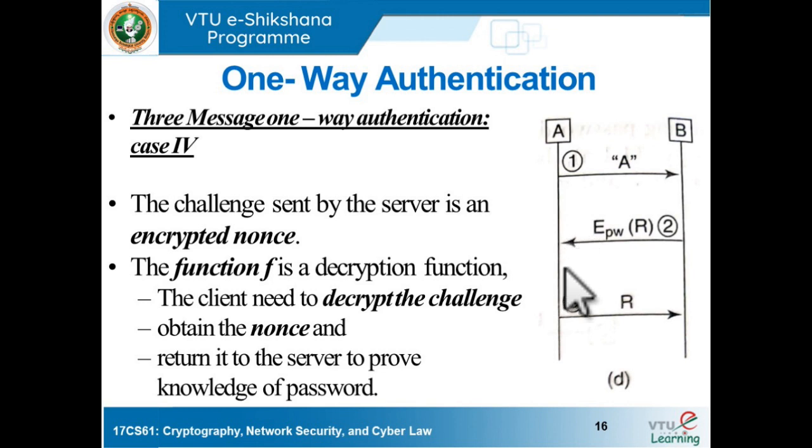A will decrypt this using the password and obtain that particular R value, that is the nonce value, and send it back to the server. Upon receiving, the server will check whether this R actually is the one that it sent. Now if both of them match, access is provided, and B can say that A is authenticated to itself.